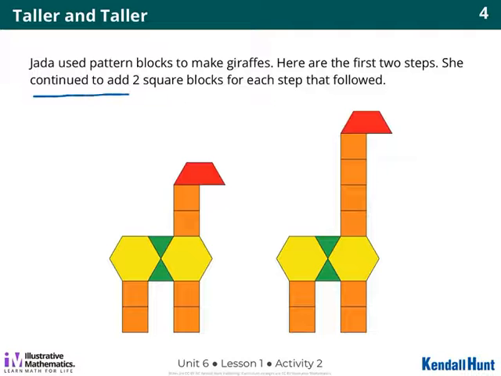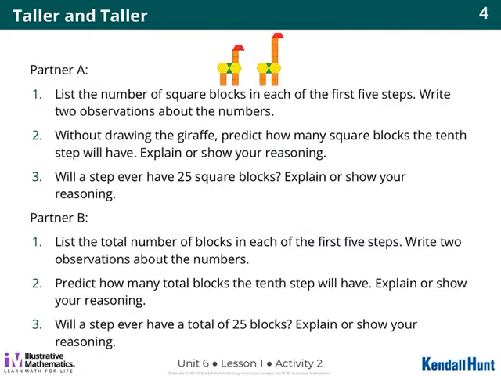She continued to add 2 square blocks for each step that followed. So do you guys see how this is going to be step 1 and this is step 2? And she's adding 2 square blocks. So probably 2 of these orange ones, right? All right, let's see what we're going to do with that.